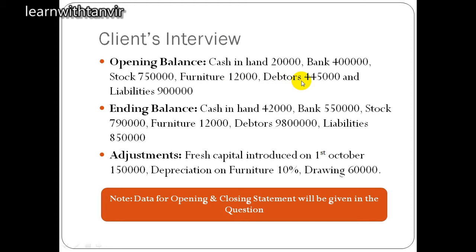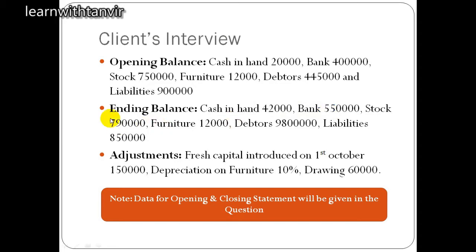Debtors at the start of the financial period were 445,000 and liabilities were 900,000. And at the end of the year you can see that cash in hand increased to 42,000 and bank was 550,000.